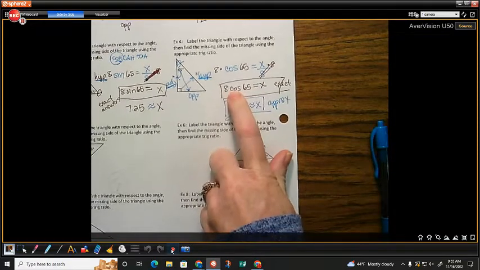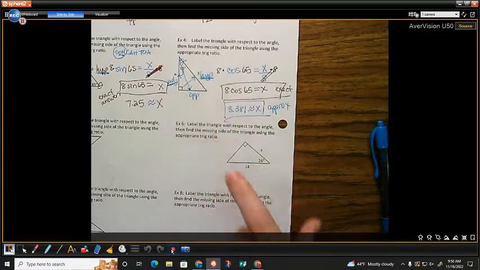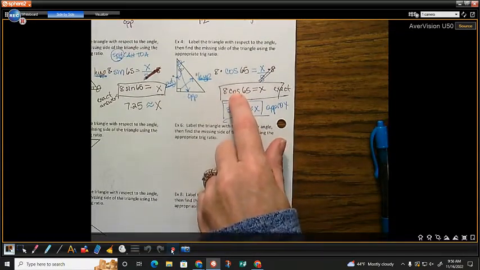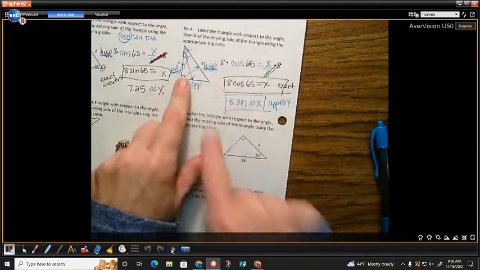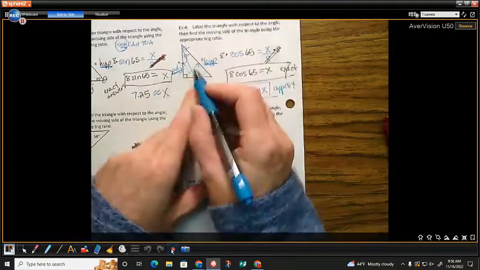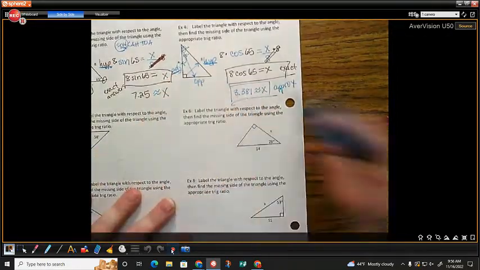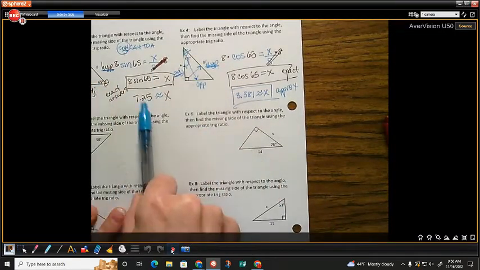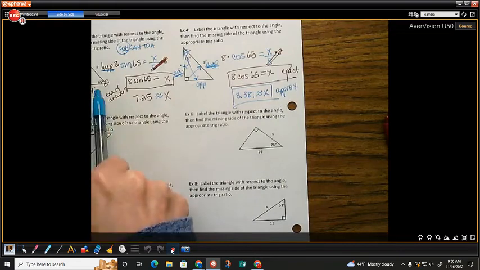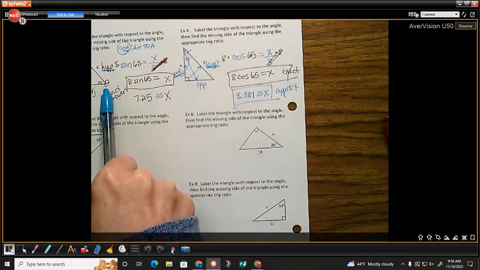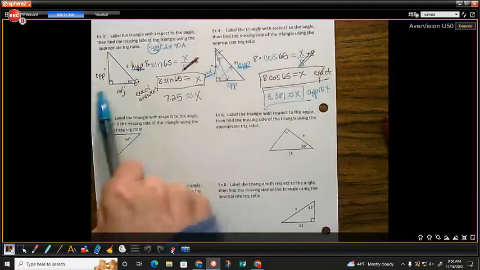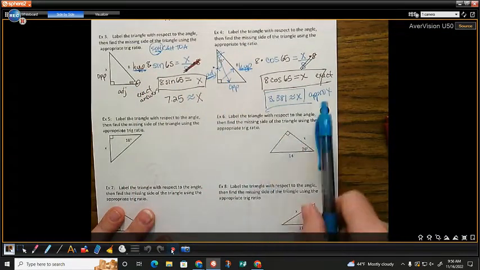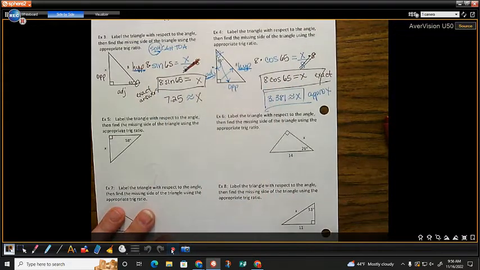If I ask you for an approximate answer, you can give me a number, but this is the legit exact answer for how long x is. x is approximately 3.381 when this is the 65-degree angle. x is approximately 7.25 when this is the 65-degree angle. Did you notice that both triangles were the same except for where the 65-degree angle was? Switching the angle switches the lengths.